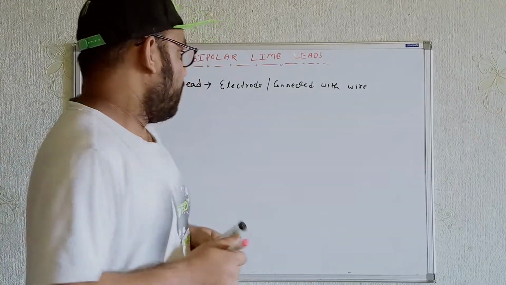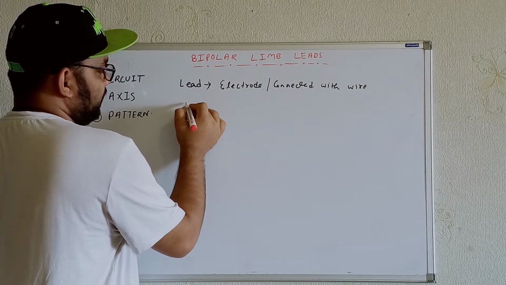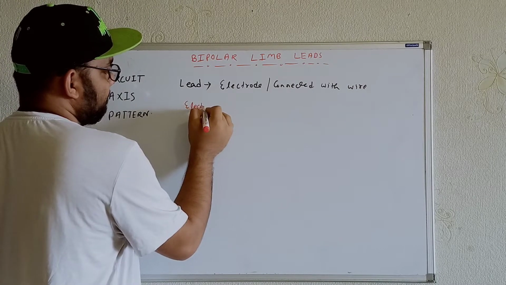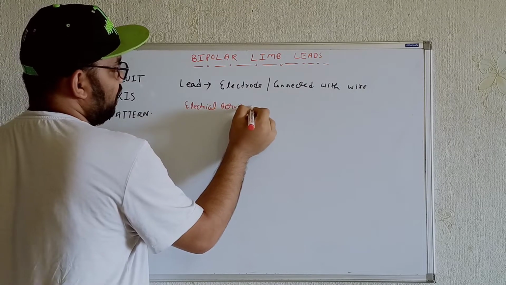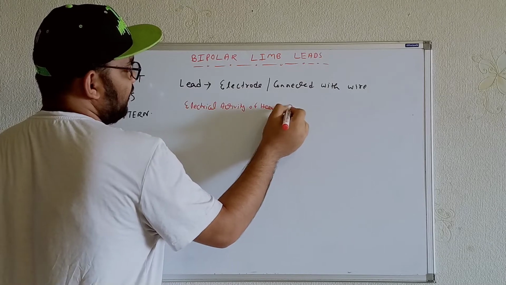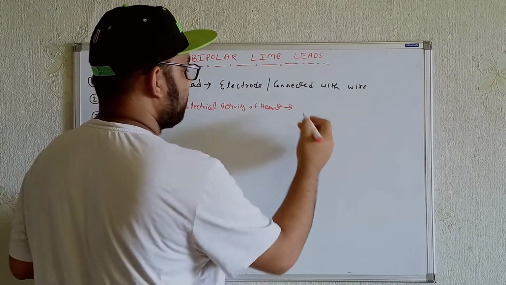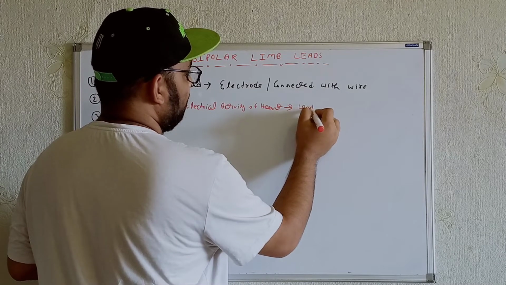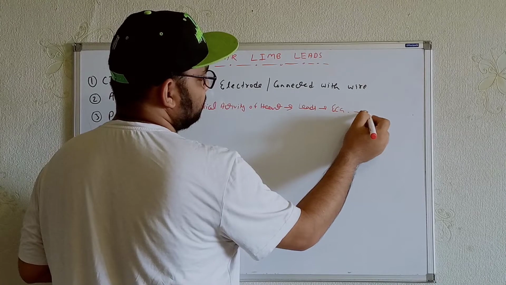Let me write it over here: whatever the electrical activity of the heart will be measured by the galvanometer in terms of the leads, and that will be represented in terms of ECG.